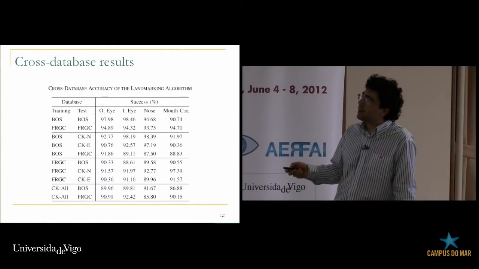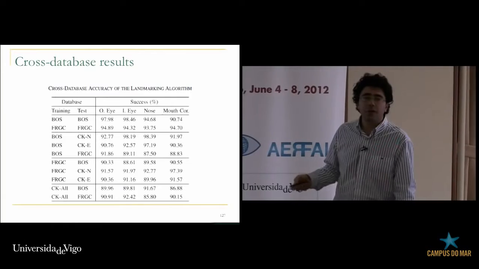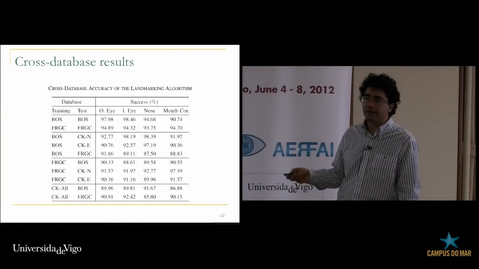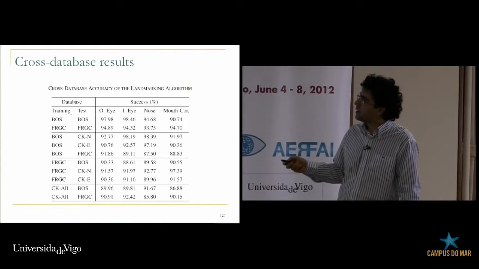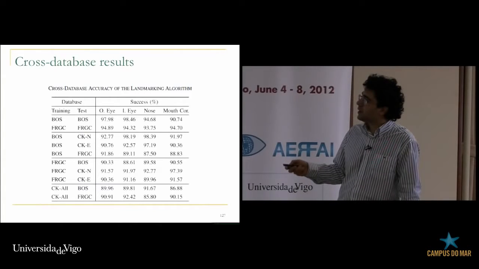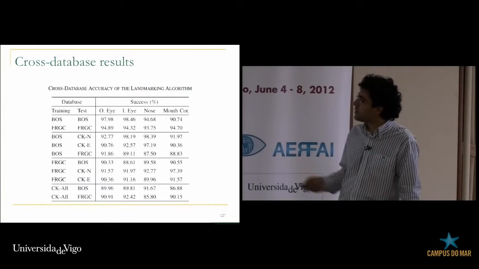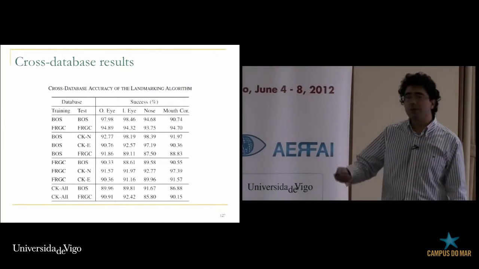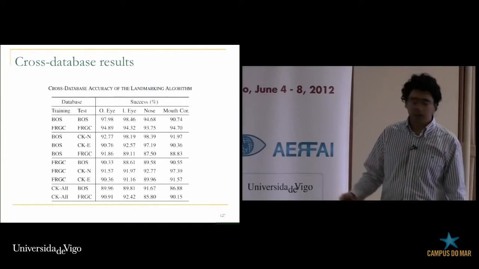Sometimes some of these databases are more rich in terms of variations, so they can be even better in training than the test data set. So here you see the nose tip is localized better on the Cohn-Kanade. Cohn-Kanade is simpler in this case, so there can be some little variations, but in general there is a big decrease in accuracy.